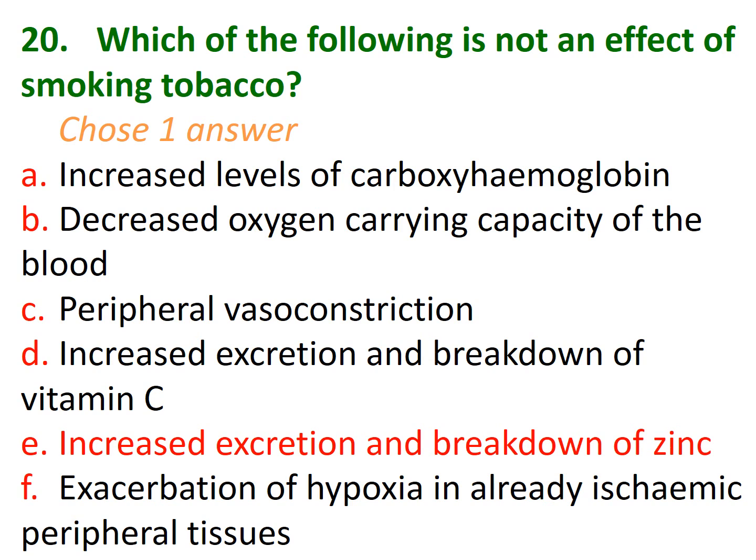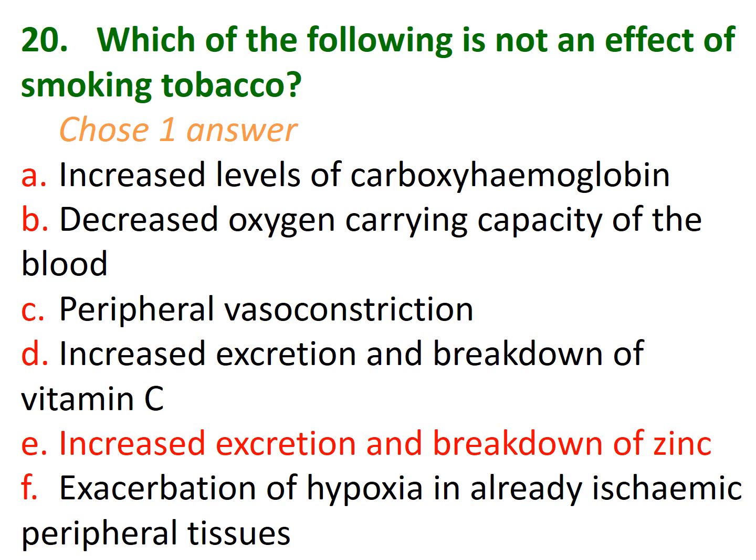So I put this question in really to demonstrate just how harmful smoking is to wound healing, because it does increase the levels of carboxyhemoglobin in the blood as the carbon monoxide binds onto the hemoglobin, and the more carboxyhemoglobin in the blood, the less oxygen the blood is able to transport to the wound.